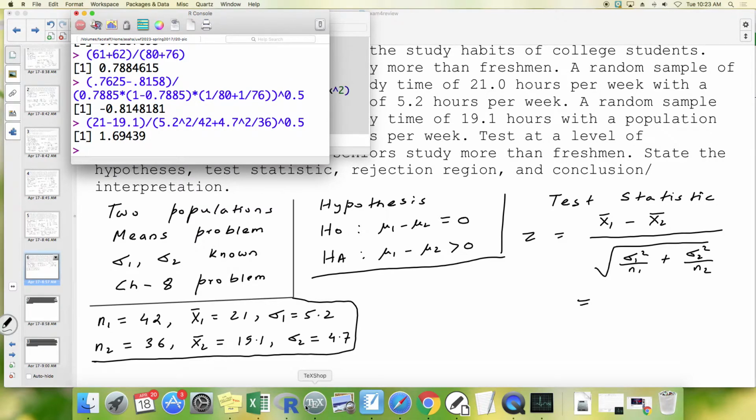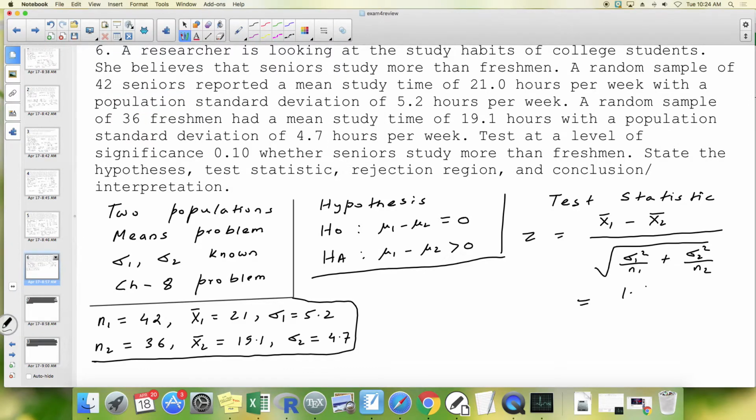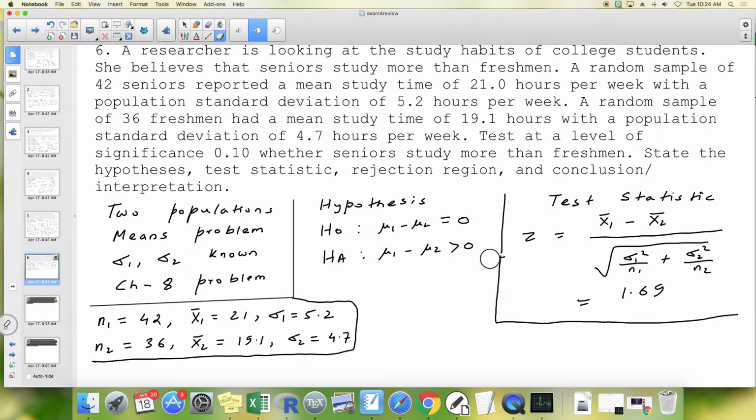So 1.69. All right. So the test statistic is done.